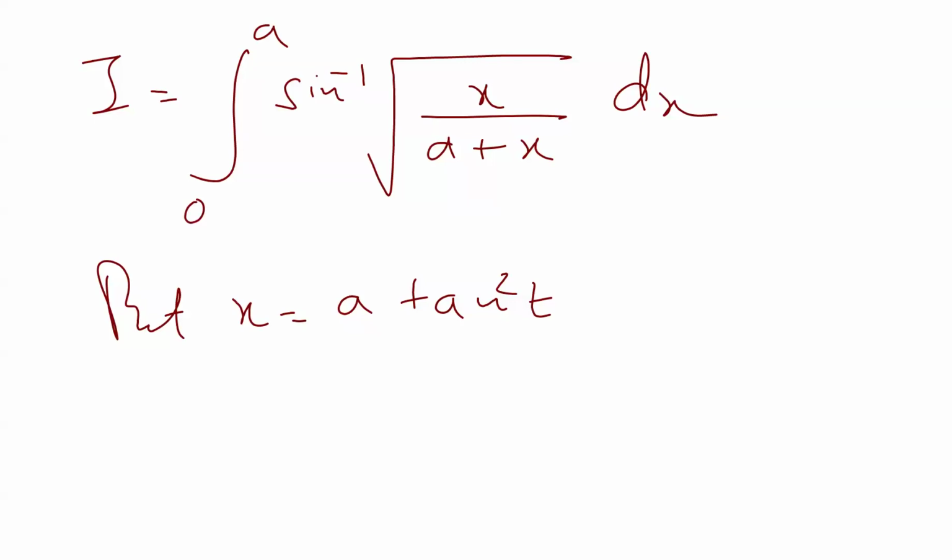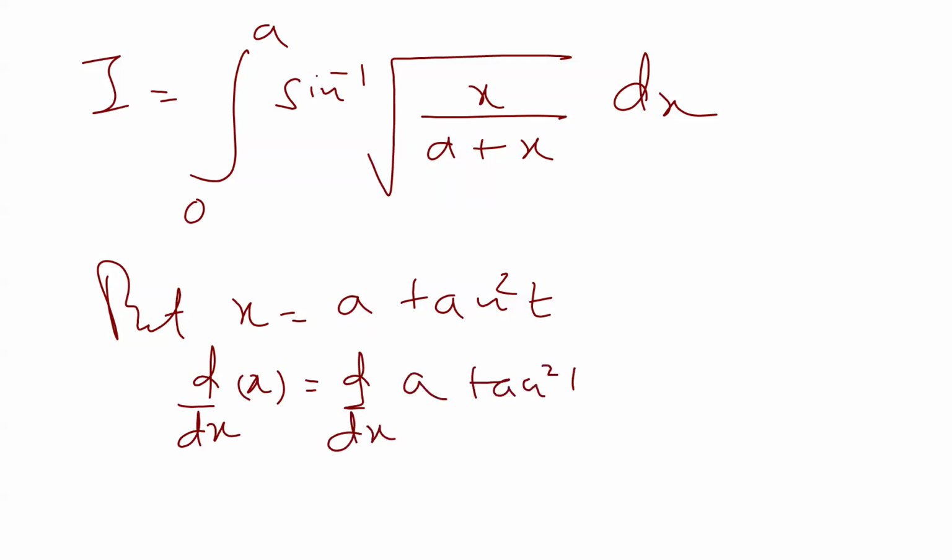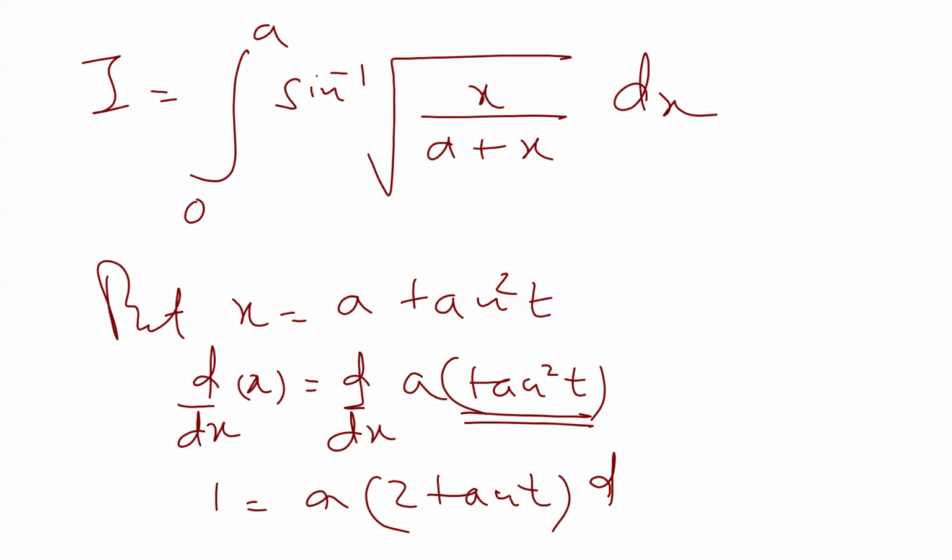Okay, so d by dx of x, d by dx of a tan square t, a outside. So 1 is equal to a outside, x raised to n into d by dx of tan t, chain rule. First it is the x raised to n formula, n into x raised to n minus 1.